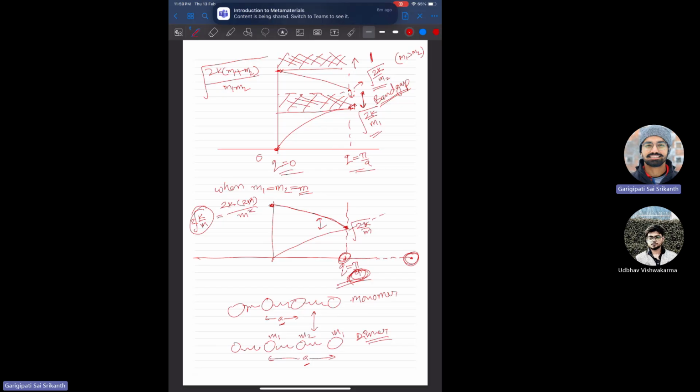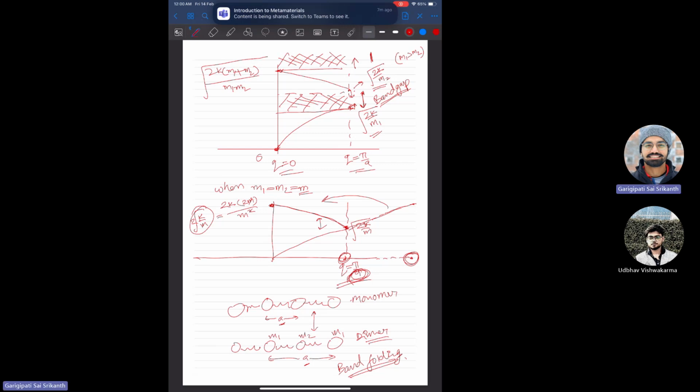That means the band should have been something like this. But instead, because of us wrongly choosing 2 times A, the band has folded. So this is called band folding. That means we have not chosen A appropriately.